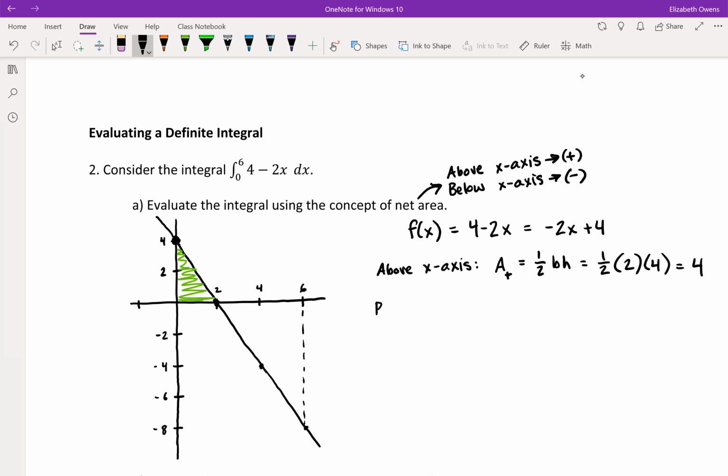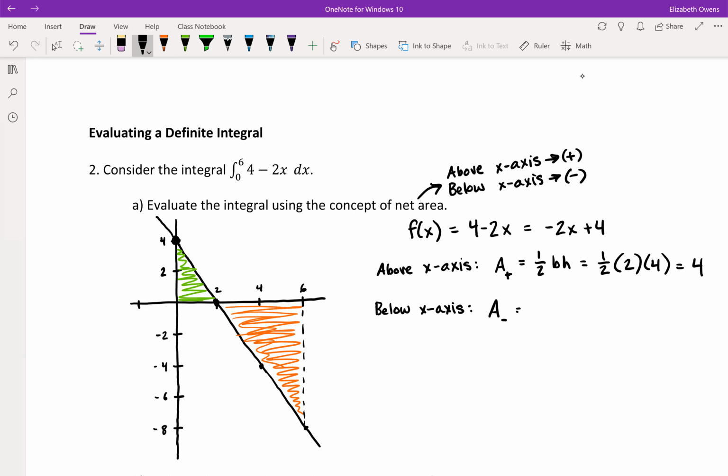And then below our x-axis, there's a couple different ways to think about this, but the area that we're looking at is right in here. And so I'm going to label this as a sub minus.